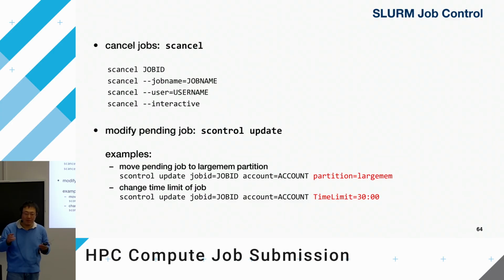But if you only want to do some quick test, it's better to not specify 3 days or 3 hours, just 30 minutes. This is just some small tricks to help you submit jobs, to schedule your jobs more quickly.